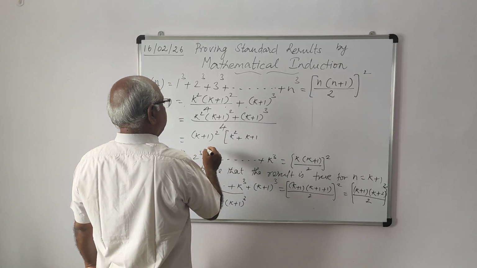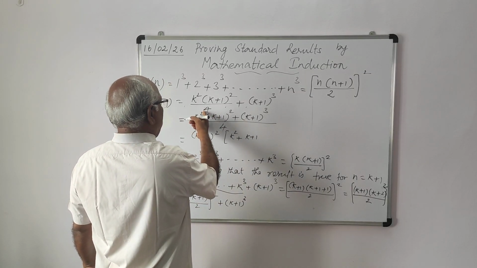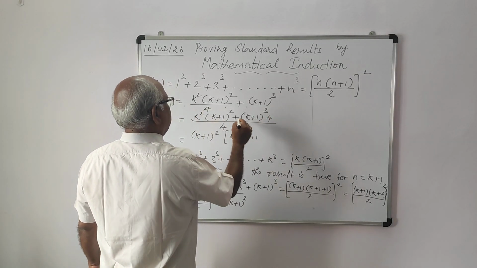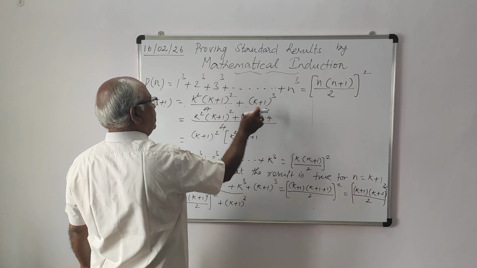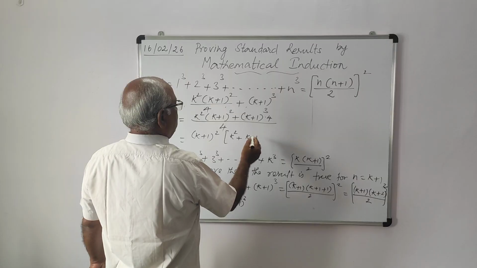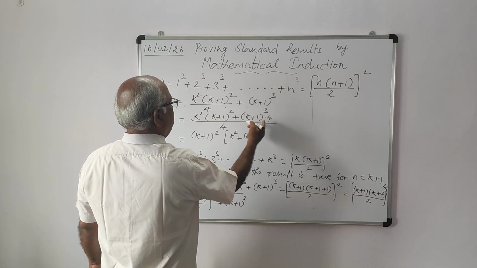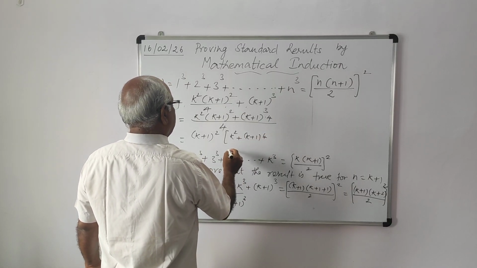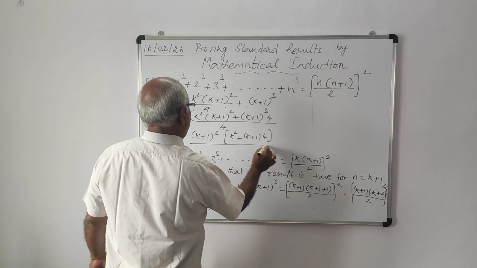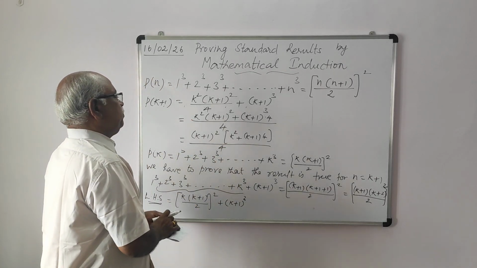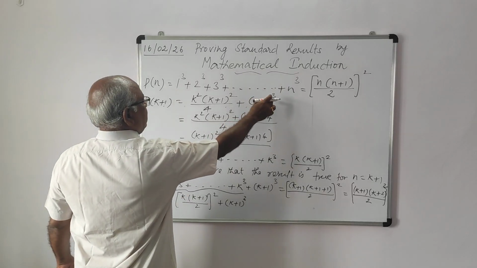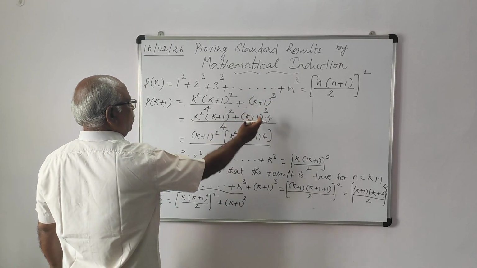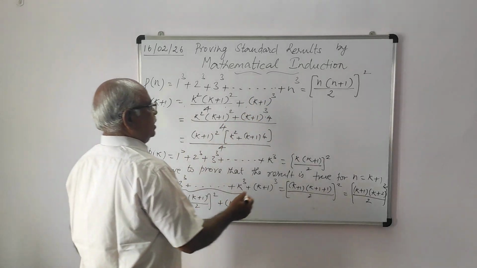So k square, by taking LCM 4, this 4 will come here. By taking 4 as a common denominator, you multiply the second term by 4 also. Therefore, 4 into (k plus 1). So what do you get?